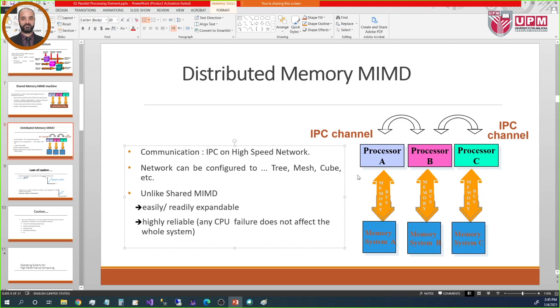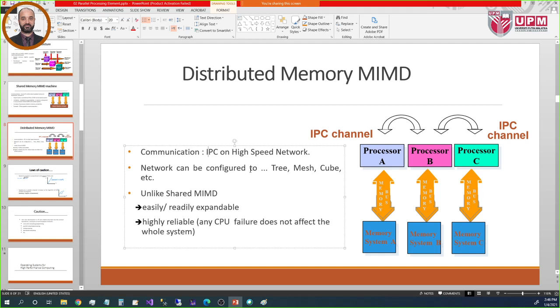So the communication between those processors uses very fast, high-speed channels between the processors to increase the speed of the entire system processing.